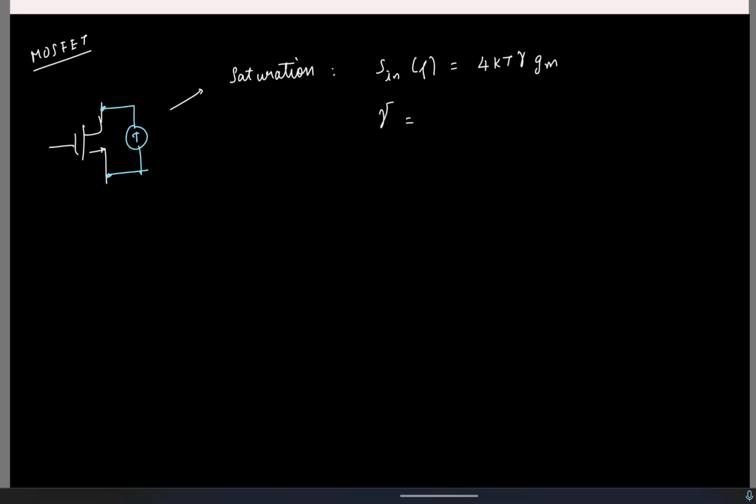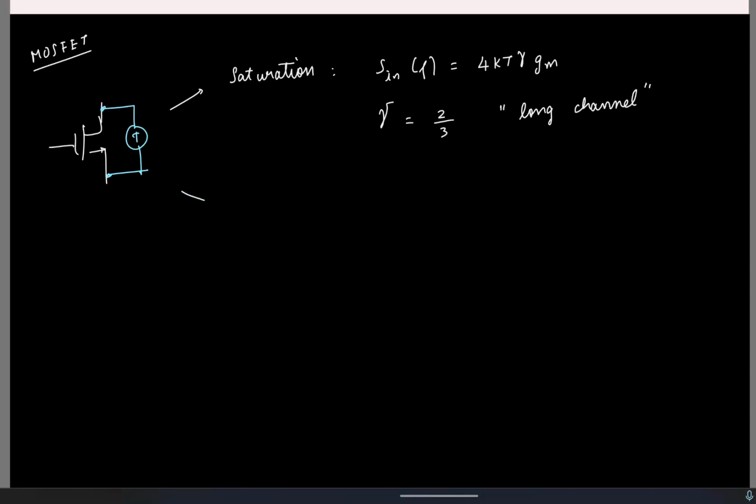It's not related to the body effect coefficient. It's usually 2/3 for, within quotes, long channels, but for modern transistors this could be close to 1 also. It's a constant.